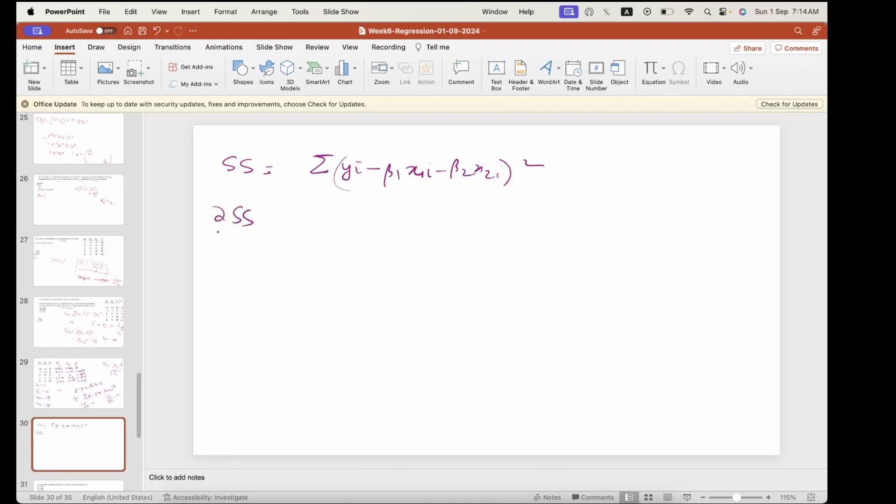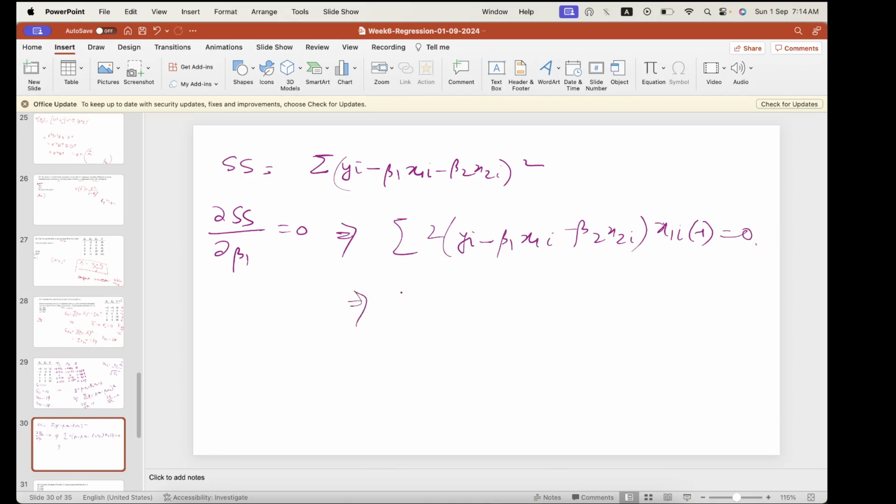So del of SS by del beta 1 equals 0 implies summation 2 times yi minus beta 1 x1i minus beta 2 x2i into x1i into minus 1 equal to 0.